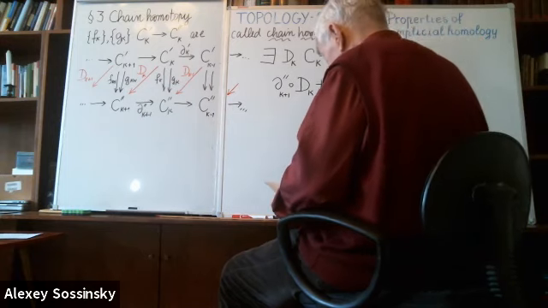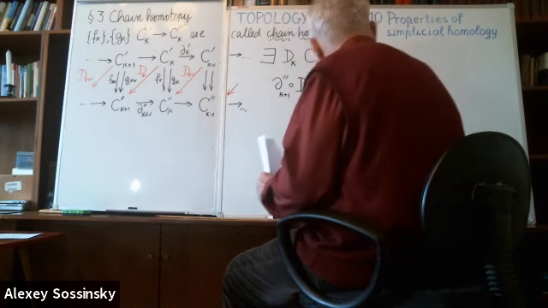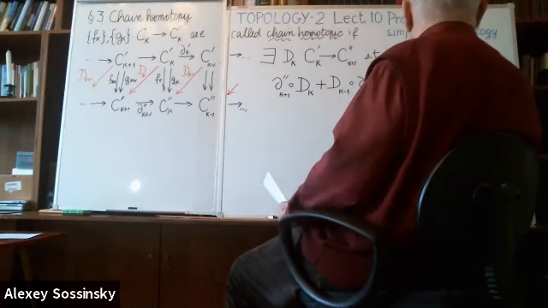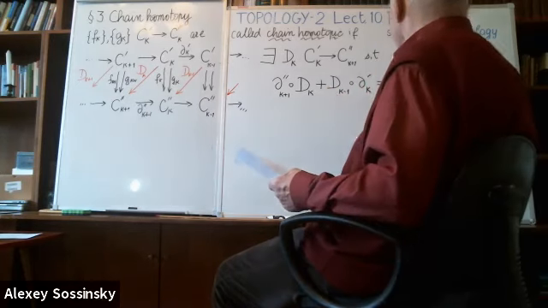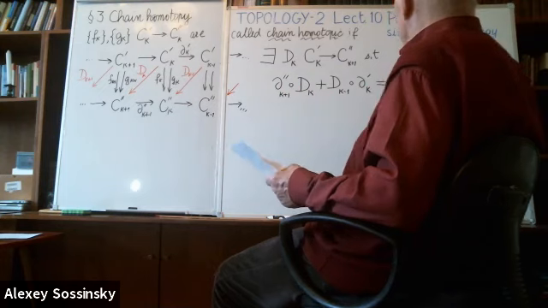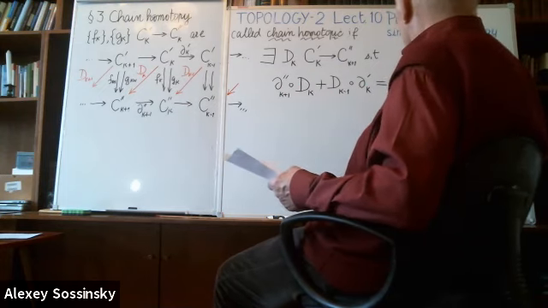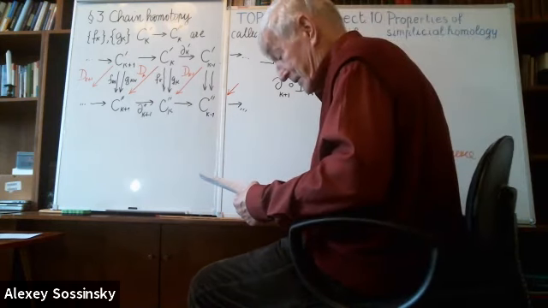And what we get here is the difference. So this diagram is not commutative. What we get here is the difference between these two maps.